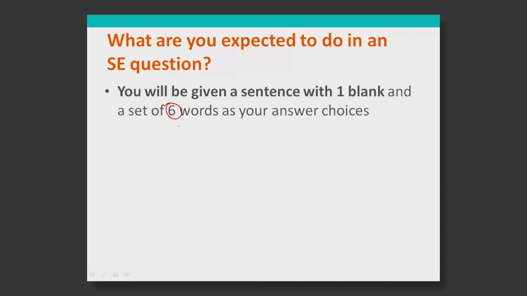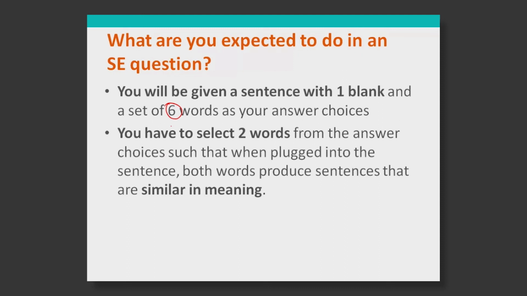This is the easiest way to differentiate between the two types. Now, of these 6 words, what you have to do is select 2 words from the answer choices. Here's a trick. When you plug those 2 words back into the sentence, not at the same time, mind you, individually, they would produce sentences that are similar in meaning.